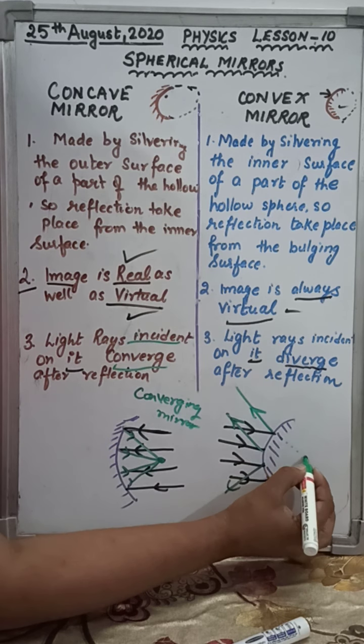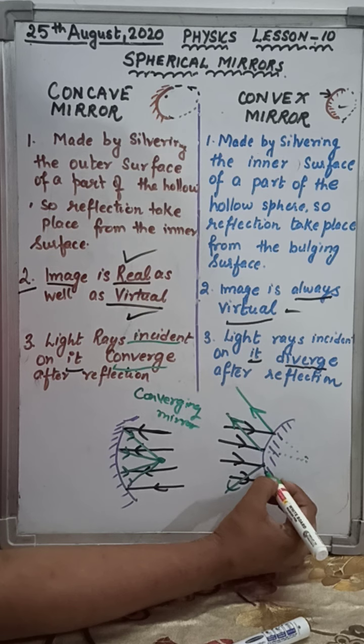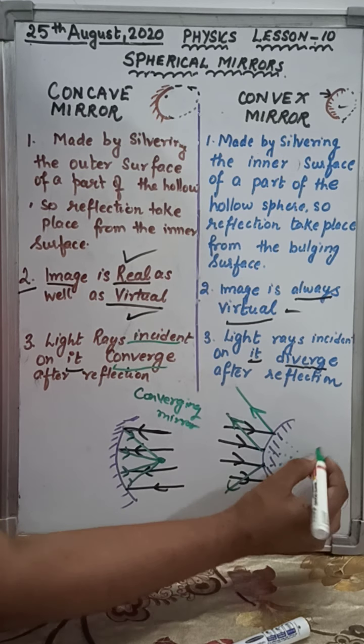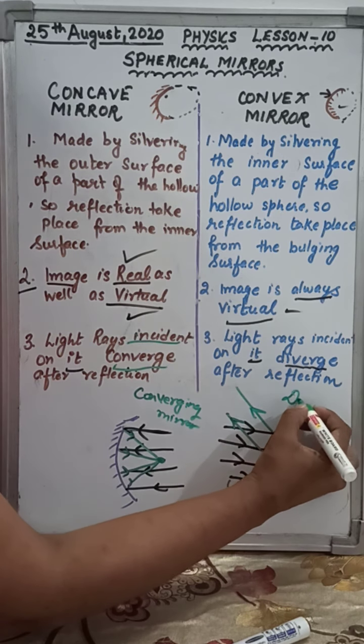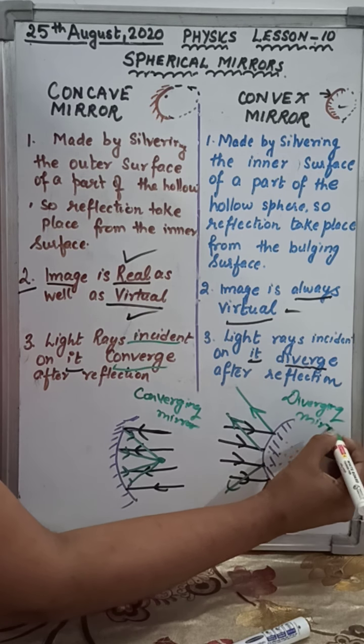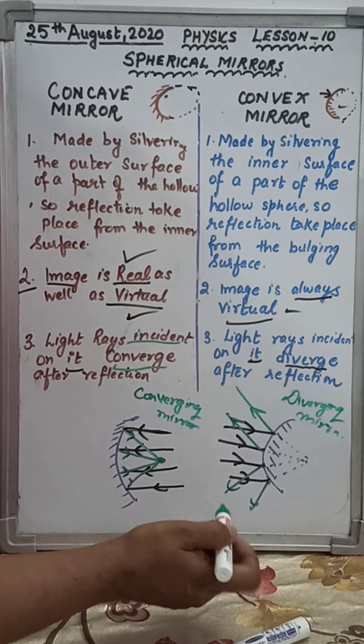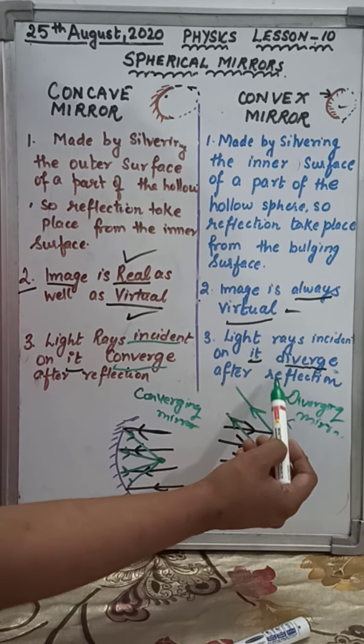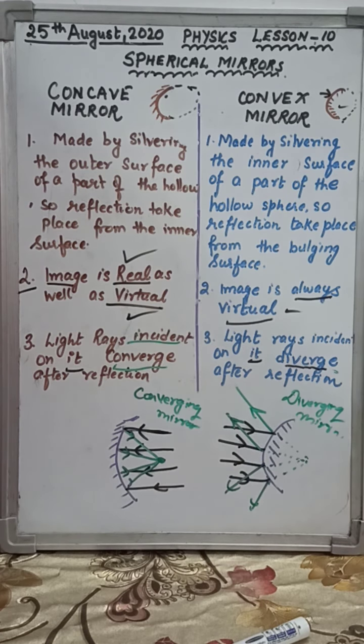But if you produce them behind the mirror, they appear to meet at a point. That's why this mirror is known as the diverging mirror. And that's why in the third point it is written that it diverges after reflection. That means incident rays which fall on the convex mirror diverge after reflection.